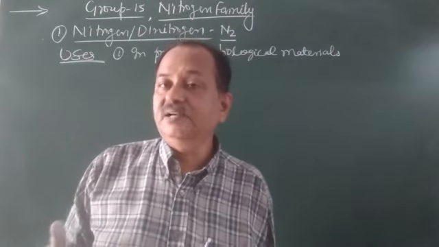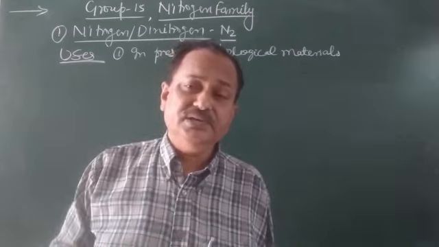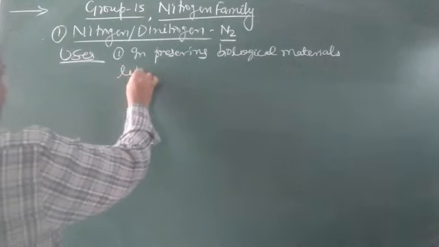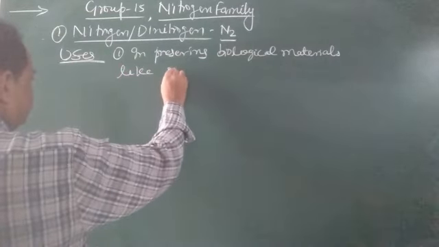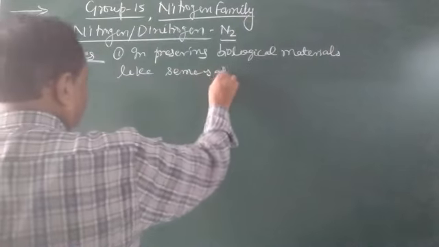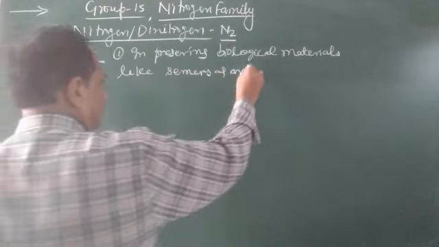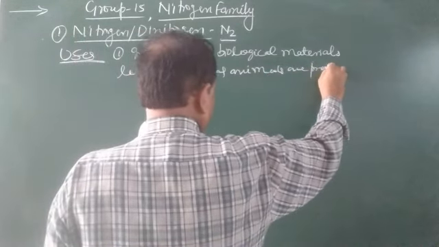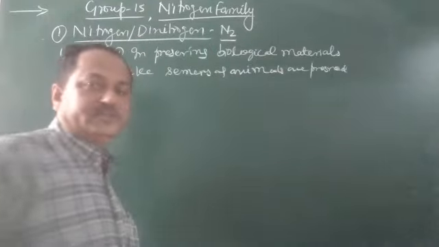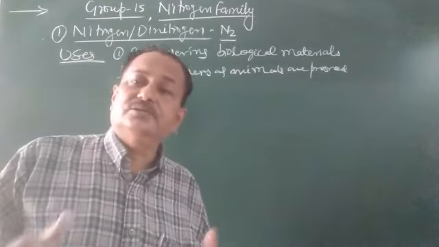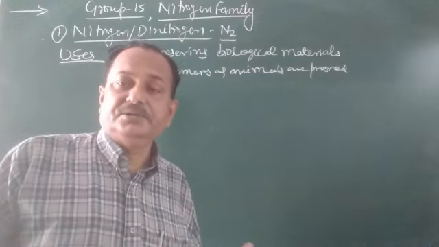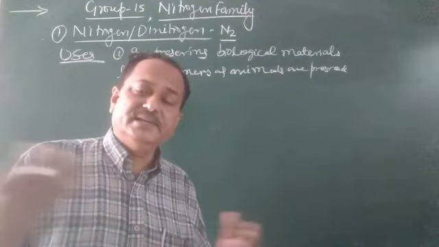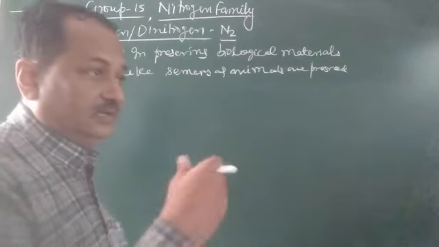Semen of the animals is preserved in liquid nitrogen at very, very low temperature. In animal husbandry, or the persons who want to preserve their identity, their semen is preserved, and in case of any emergency it can be used for the future generations.